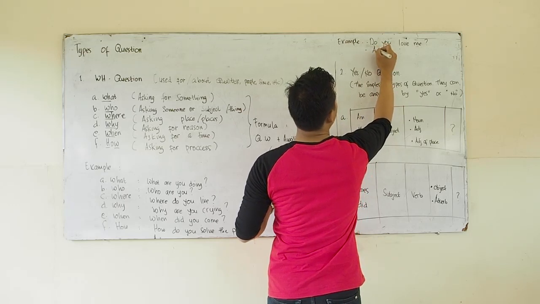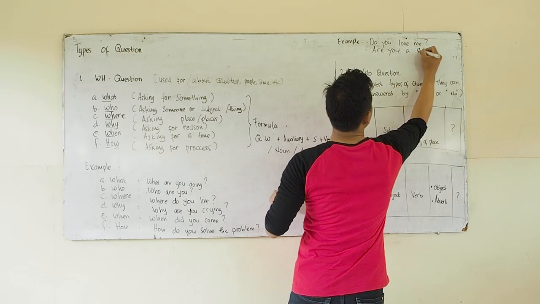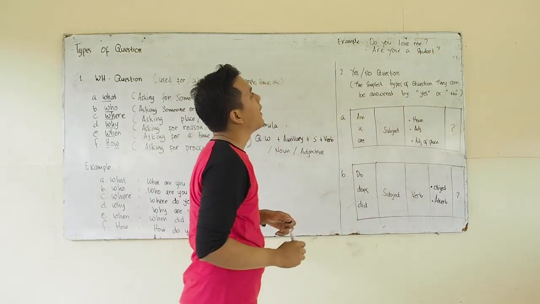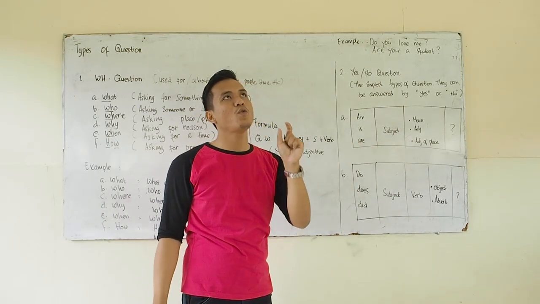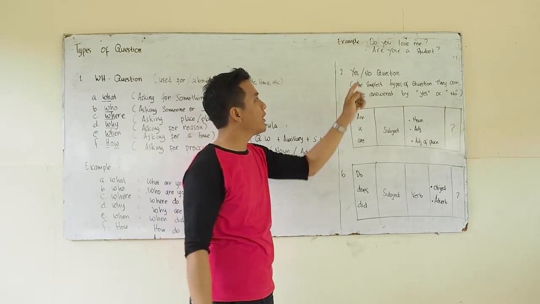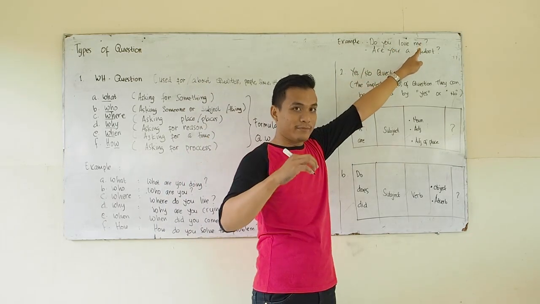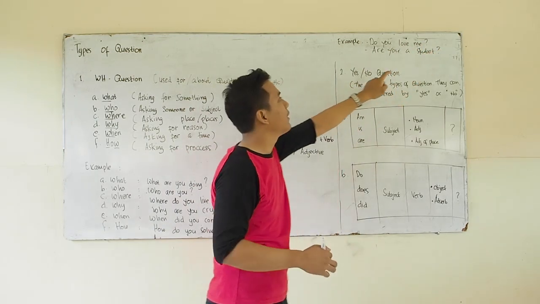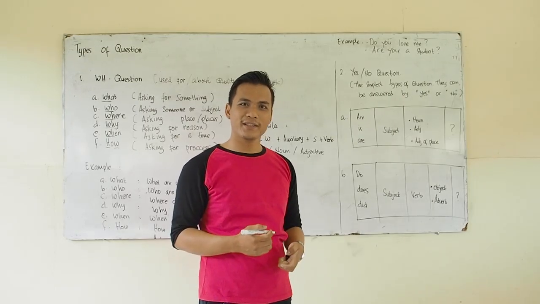The second one, are you a student? Okay. How to produce sound in a yes or no question must be rising at the end of the sentence. For example, do you love me? And then, are you a student?